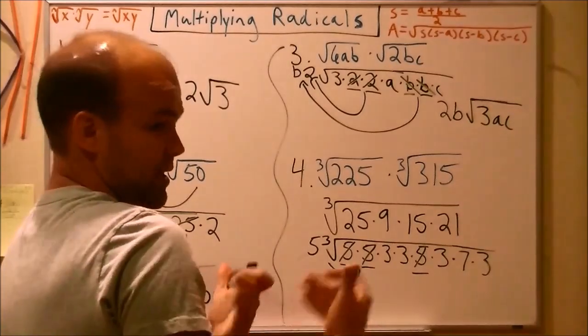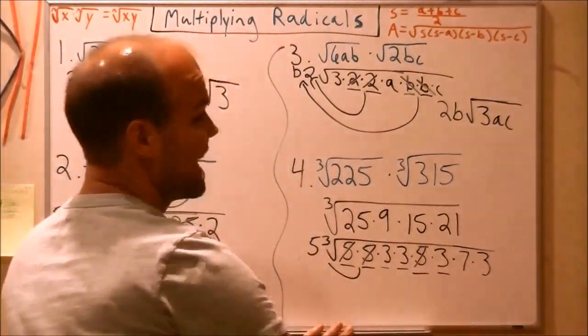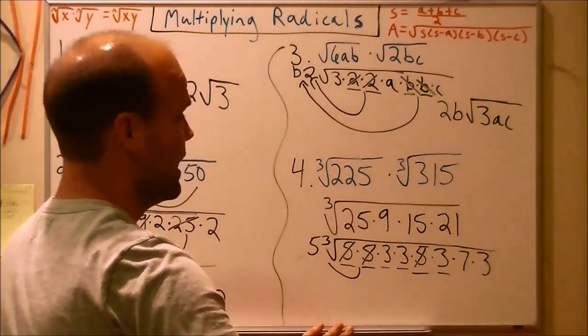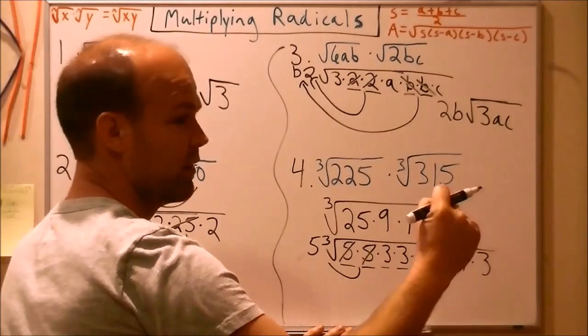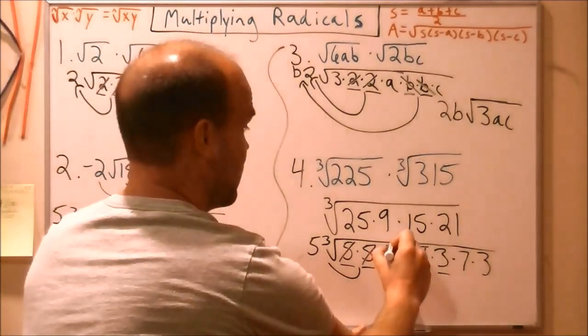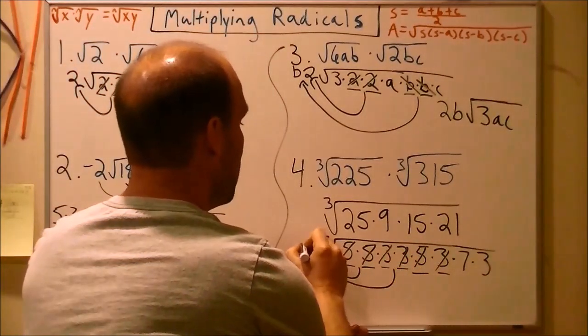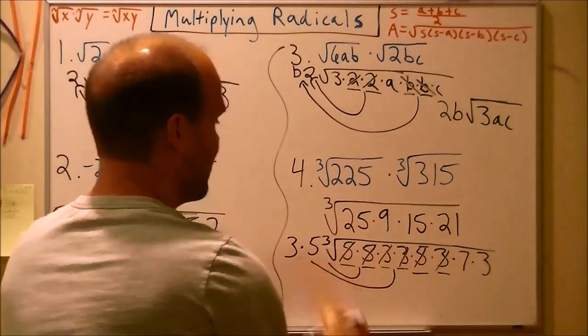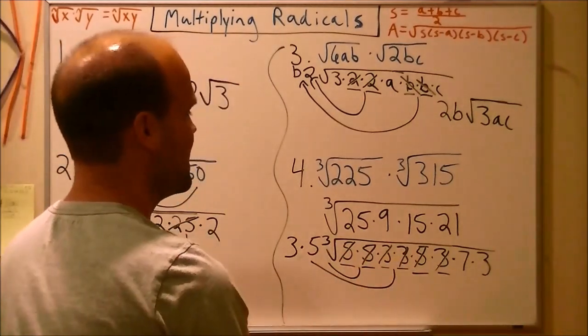Yes, the 3s. Look, 1, 2, 3, I can pull out one 3. And don't forget, these two will be multiplied to each other just like they were multiplied on the inside.